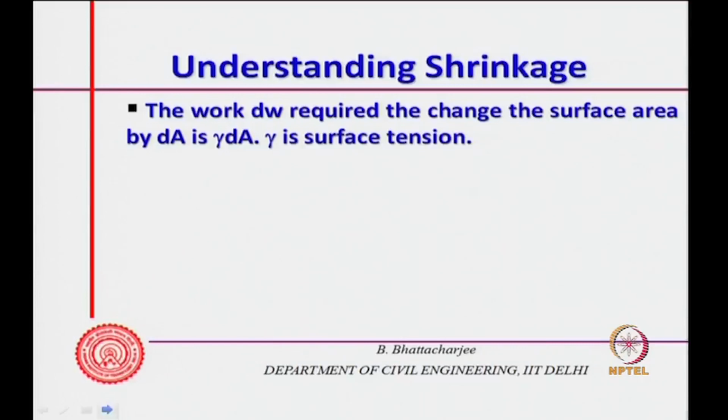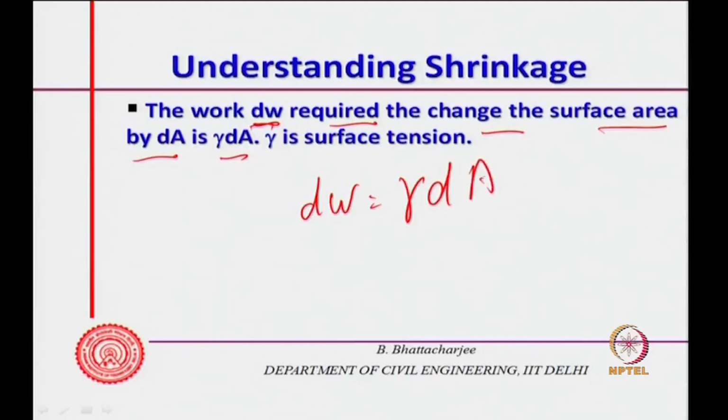So, the work dW that is required to change the surface area by, let us say, a small surface area dA, is equal to gamma dA. So, dW is equal to gamma dA. This gamma is the surface tension. So, the surface tension is basically the work per unit area, or energy per unit area.